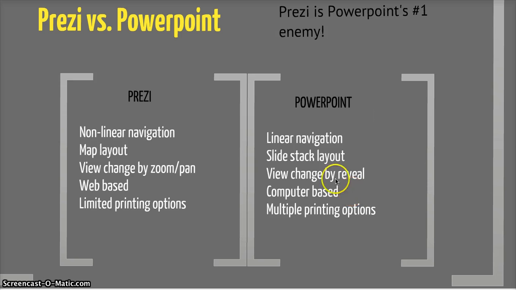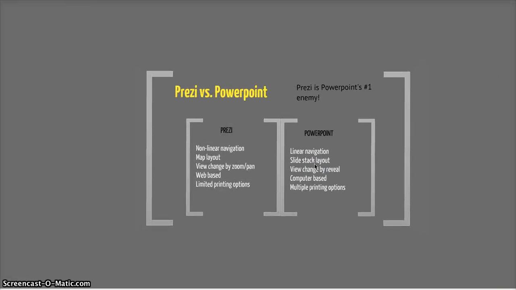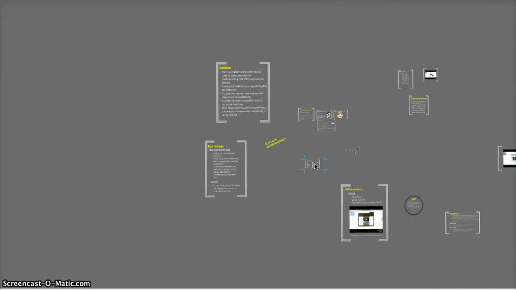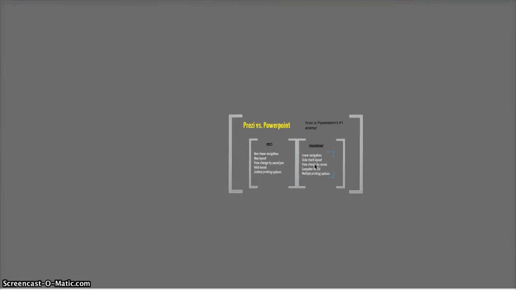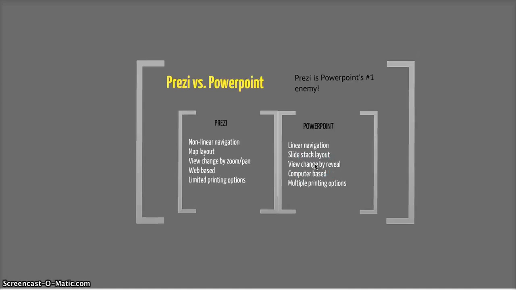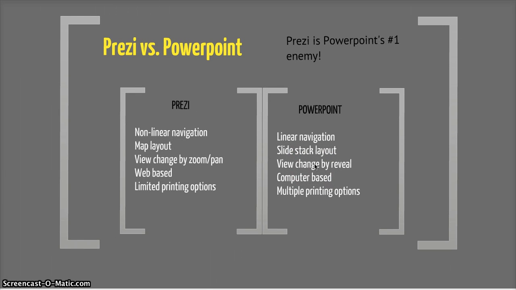Whereas with PowerPoint, it's a slide stack that you just see each slide on top of each other. Next, there is the view change by zoom, which you can zoom in and out of, which you cannot do on PowerPoint. And obviously, Prezi is web-based, whereas PowerPoint is computer-based. And with Prezi, there are limited printing options, and there are multiple printing options for PowerPoint, as you can print more than one slide per page.